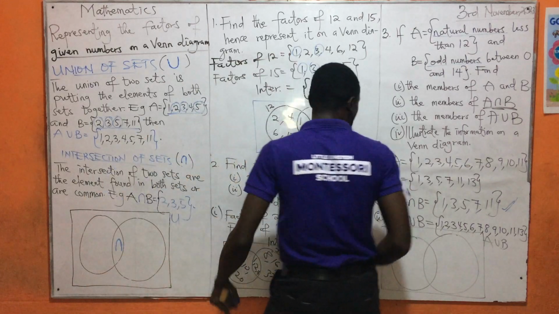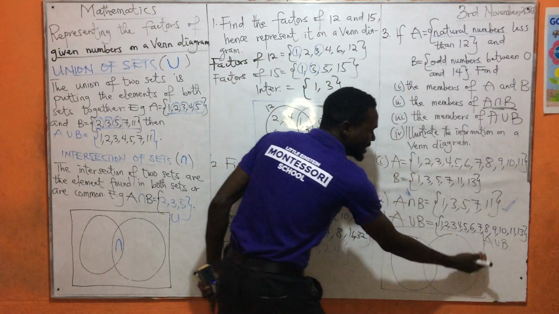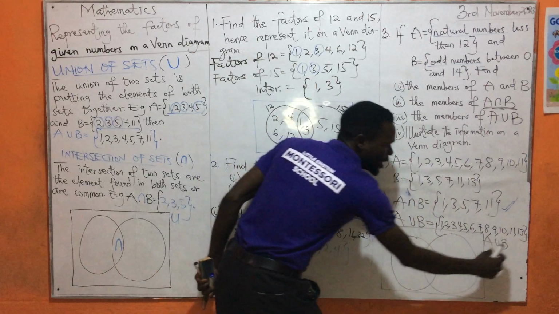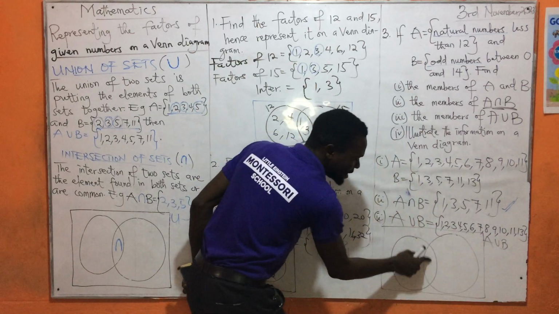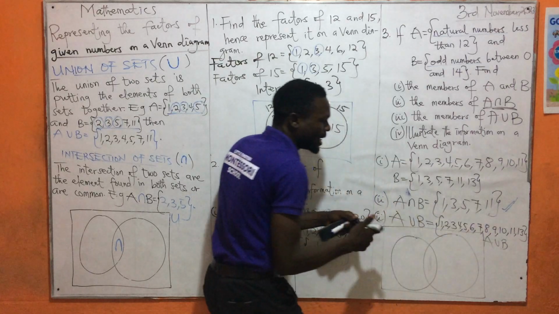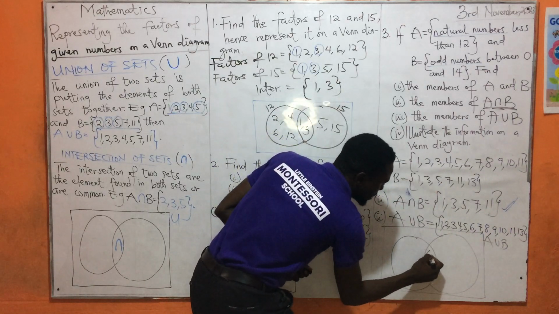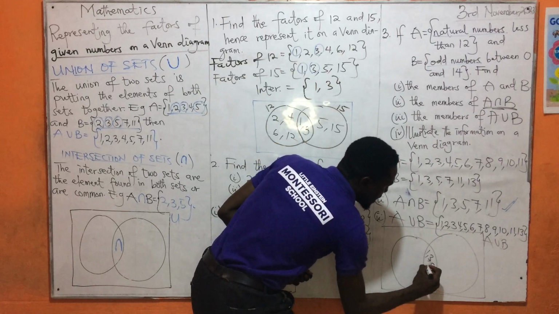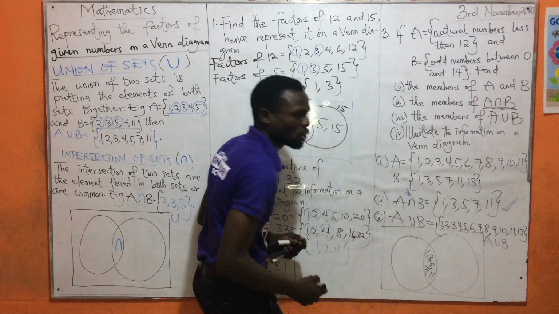So we position the union here. Now, intersection. What did we say? They are in the middle. We said 1 is there, 3 is there, 5 is there, 7 is there, 11 is also there.